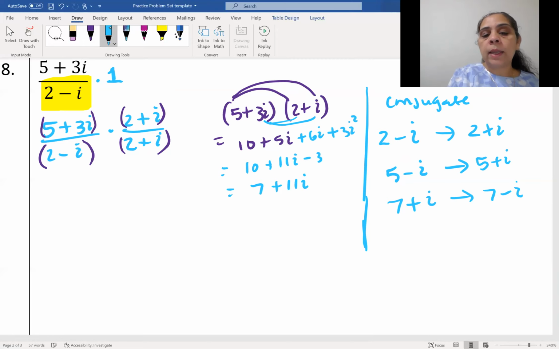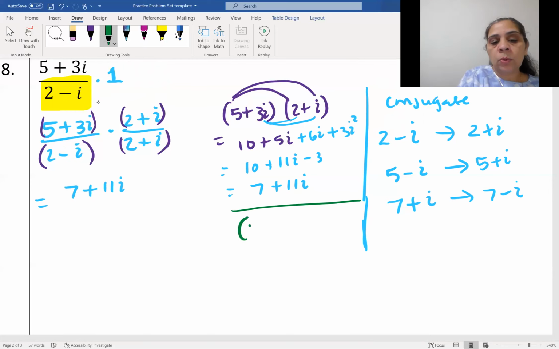All right. In the denominator, again, we can work on the side. We have 2 minus i and 2 plus i. So if you check, it's in this form. We have just a sign difference: x minus y, x plus y.